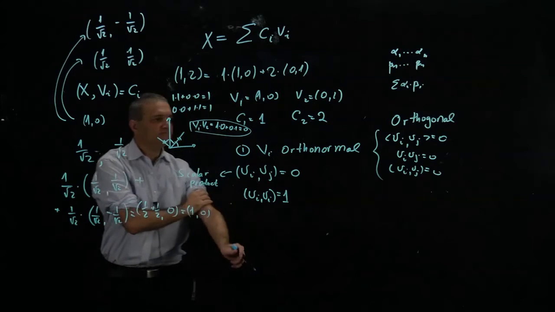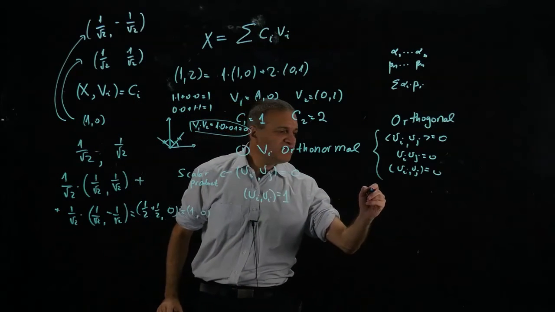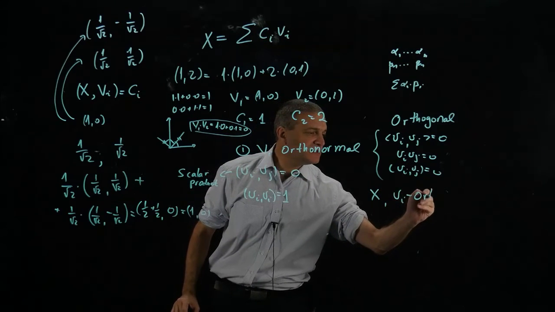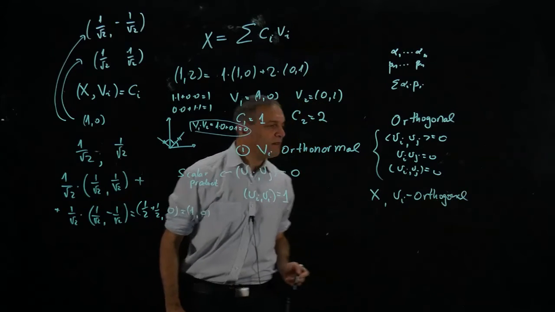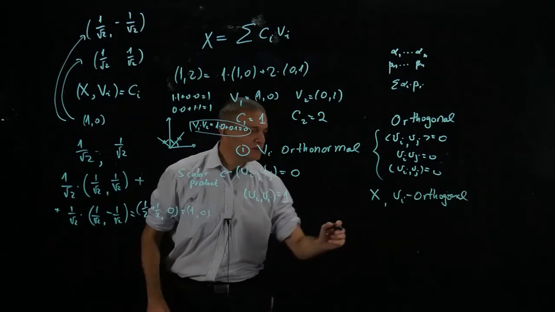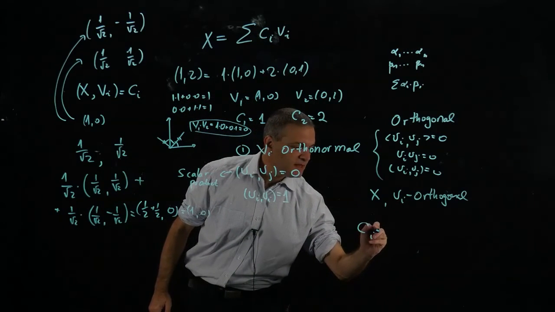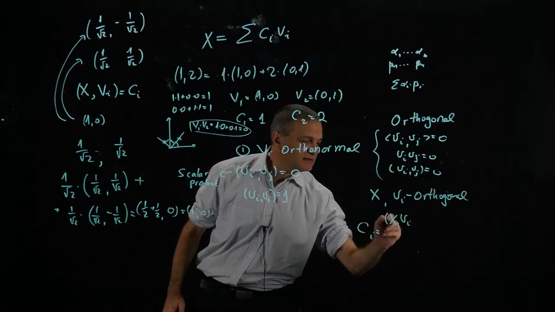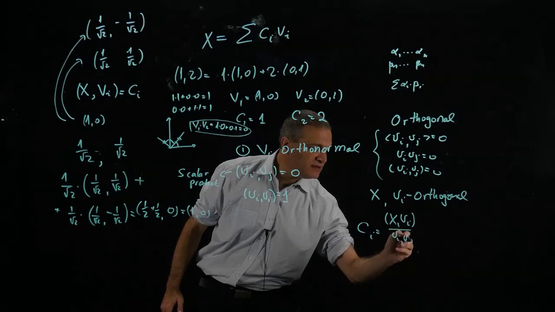Okay? Now, if you have x, and Vi is your orthogonal basis, all you need to do in order to find your coordinate Ci is take the scalar product of x with Vi, divided by the scalar product of Vi with itself.